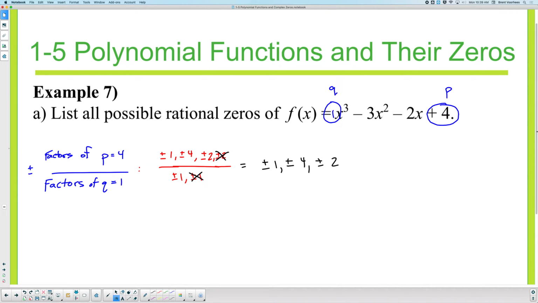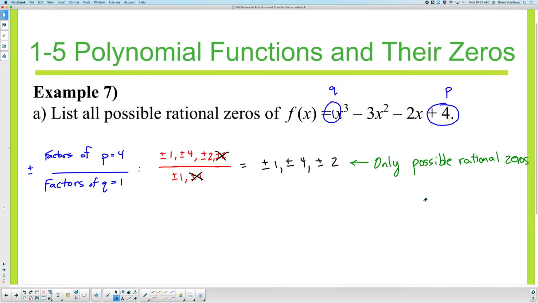Okay, if you were going to do synthetic, these are the only possible rational zeros. Now you're like, wait a minute, what did that word rational mean? We talked about it earlier today, I've forgotten. Rational means a number that can be written as a ratio, as a fraction. It doesn't include pi.